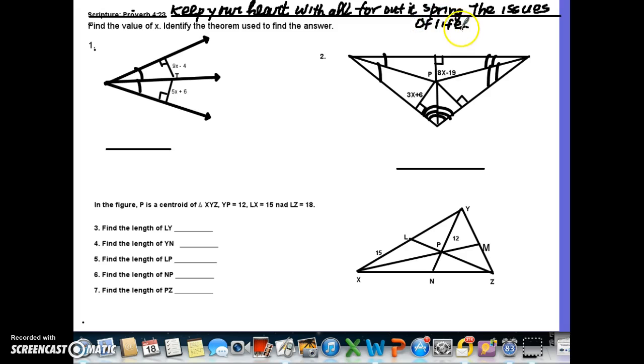So we should think about that as we think about angle bisectors, perpendicular bisectors, because those are going right through the heart of angles or sides that we study.